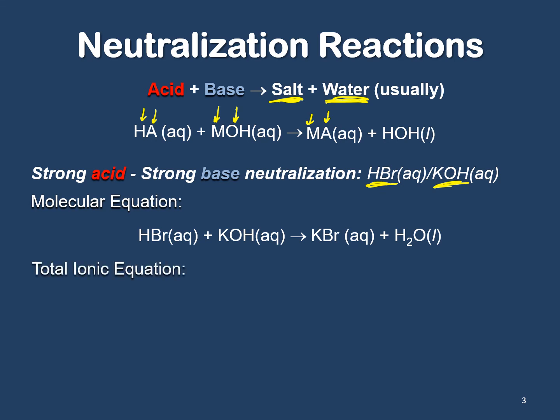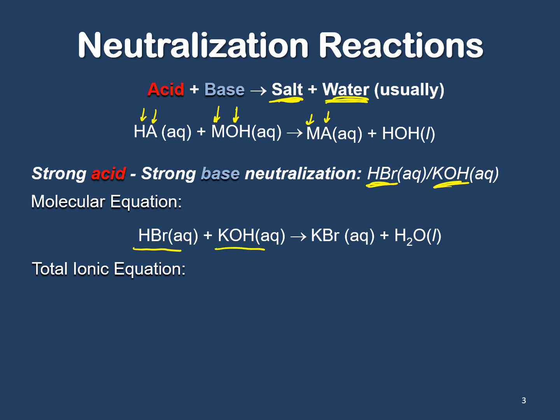Okay, so now let's break this up into our total ionic equation. Again, when we're separating compounds into ions from a molecular to a total ionic equation, remember that we're always only separating the strong electrolytes. So we need to determine which things are strong electrolytes in this reaction. Now HBr is a strong acid, so it's definitely a strong electrolyte.